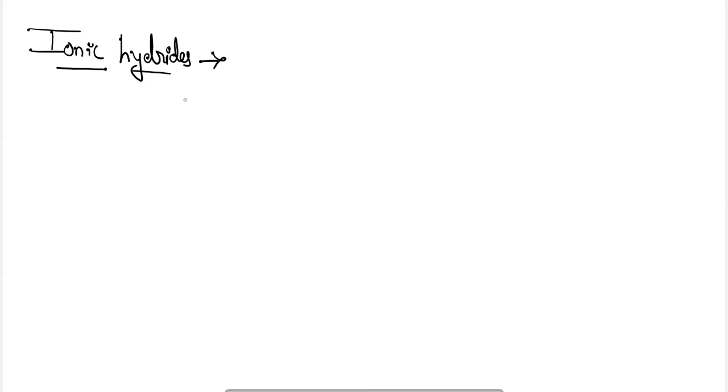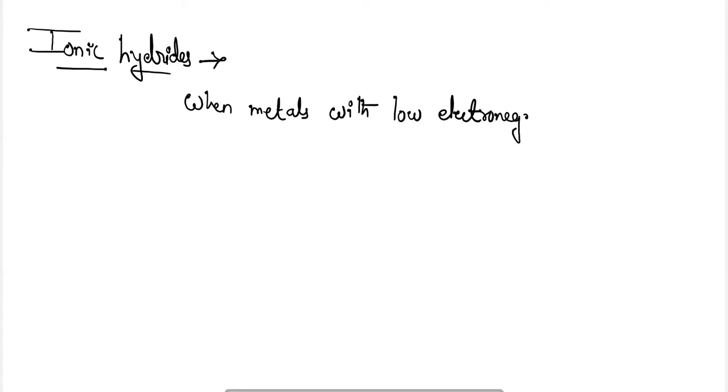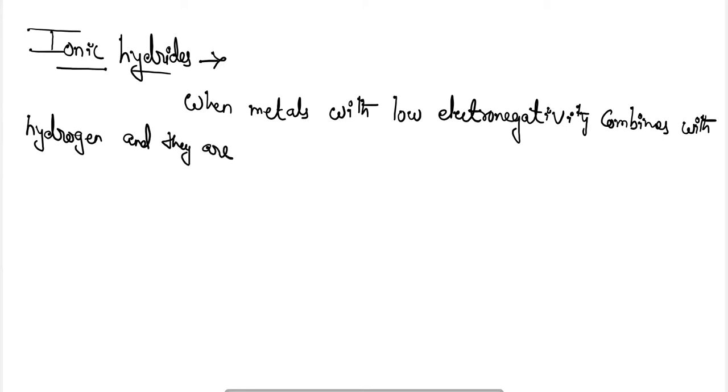So what are the ionic hydrides? When metals with low electronegativity, which are more electropositive than hydrogen, combine with hydrogen, they form the ionic hydrides or saline hydrides.